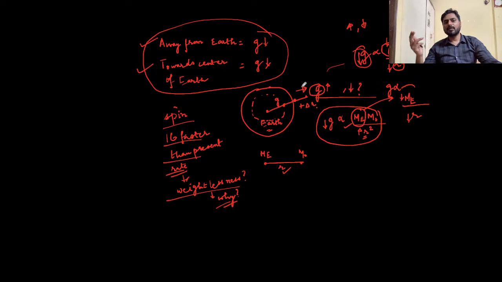Why? Because of centrifugal force. So this concept of centripetal force and centrifugal force is important for you to know. We have seen some of the examples, like when the earth will rotate faster, then what is going to happen. So we have tried to understand that in some holistic manner.